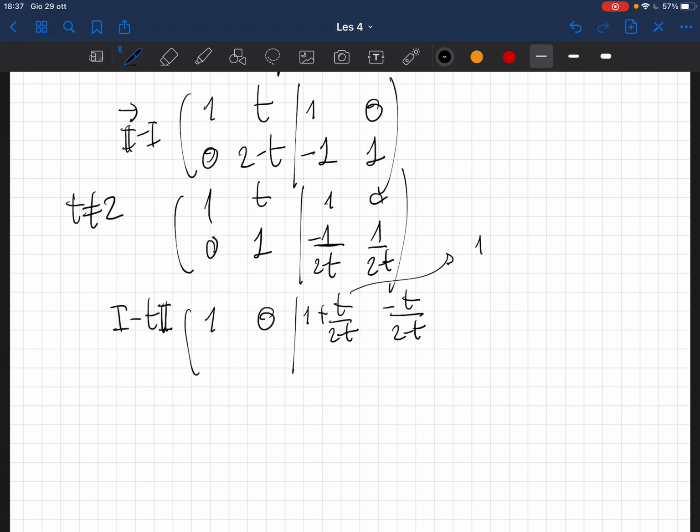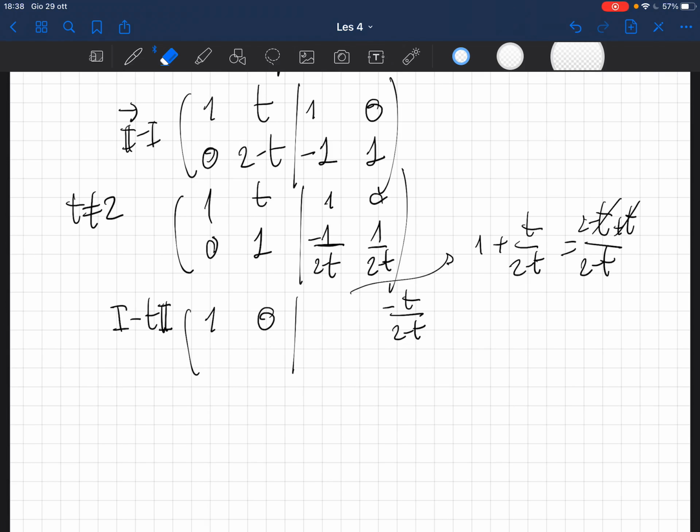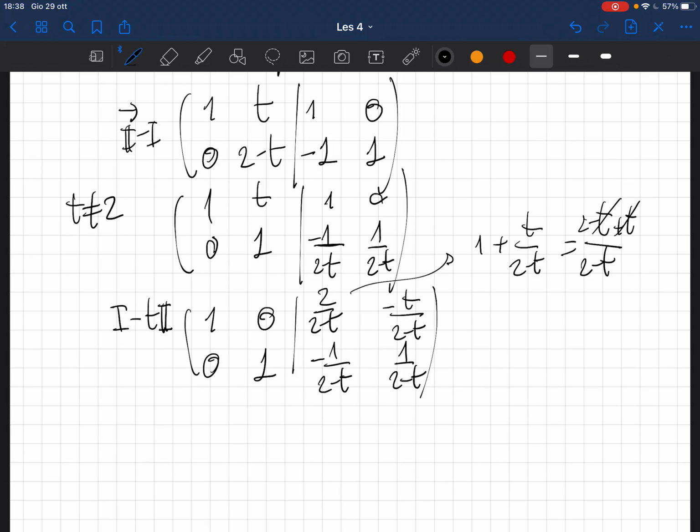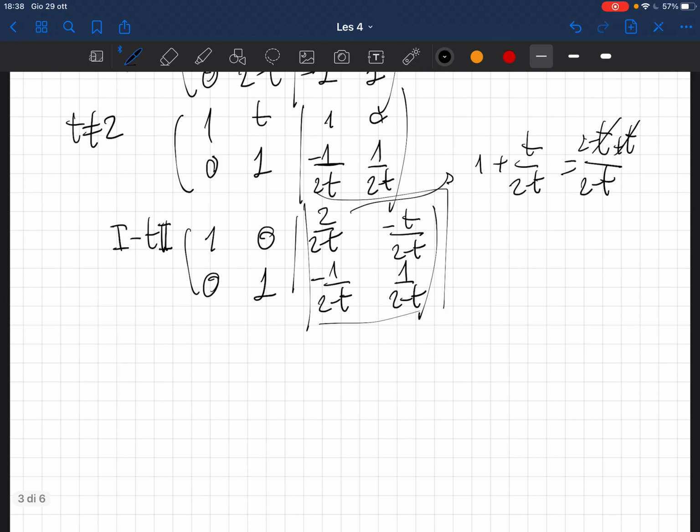Let me just make this computation here. It's going to be 2 minus t plus t, so it's going to be 2 over 2 minus t here. Okay, very good. And I mean, we're actually there. So minus 1, 2 minus t, 1, 2 minus t should be the correct matrix, assuming that t is different from 2, this should be the inverse matrix.